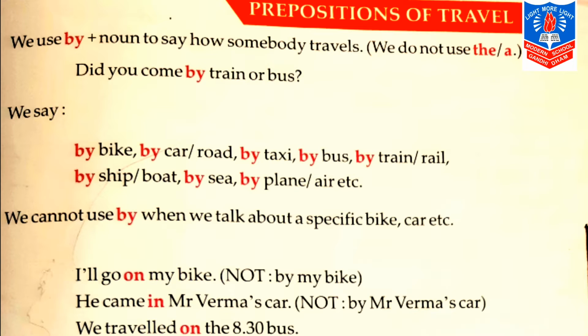My third example is we travelled on the 8:30 bus. We will not say we travelled by the 8:30 bus. That's wrong. What we will say? We will say we travelled on the 8:30 bus.